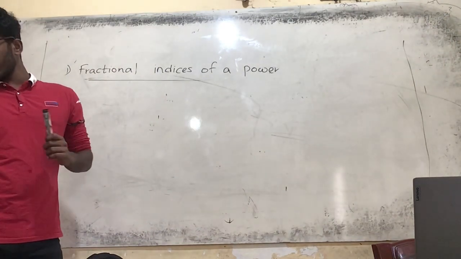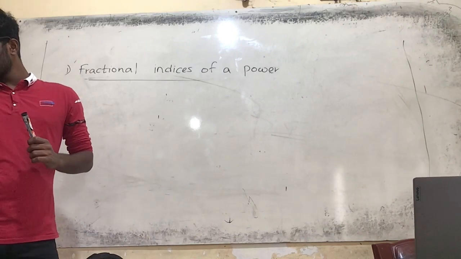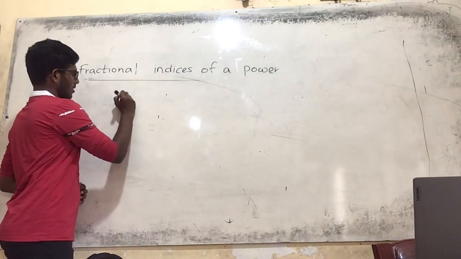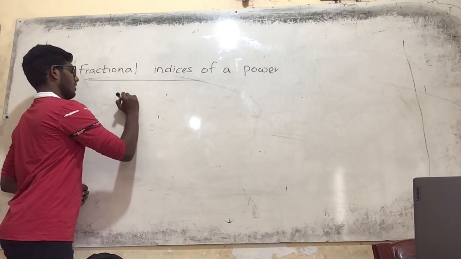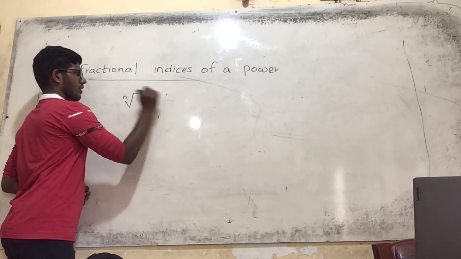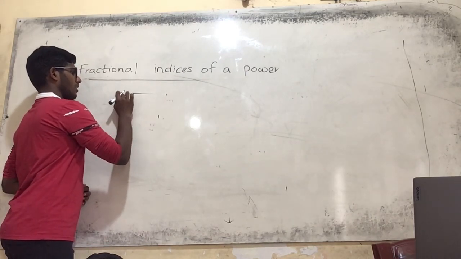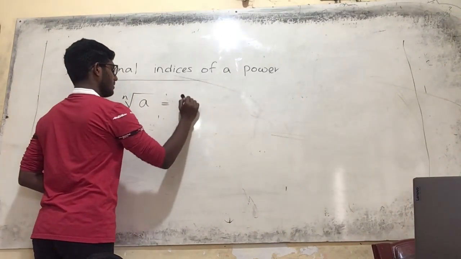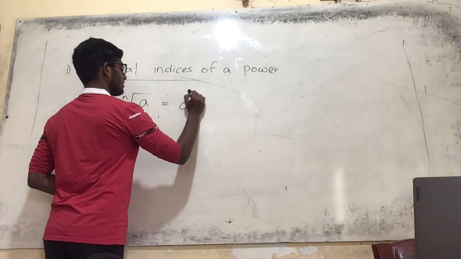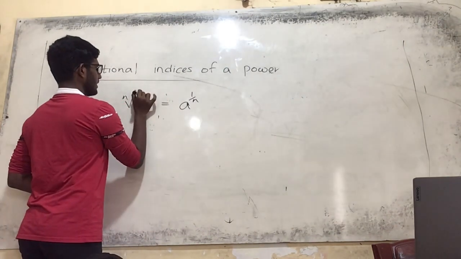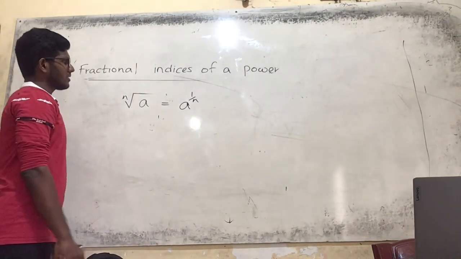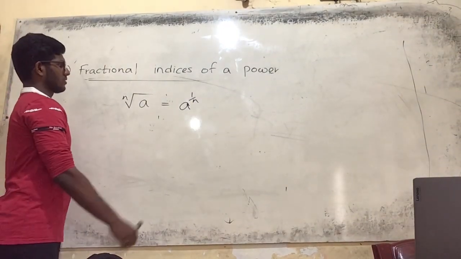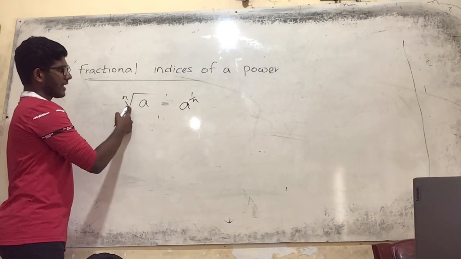So the theory is, I will explain it to you in detail with an example. What is this? This is the radical symbol.